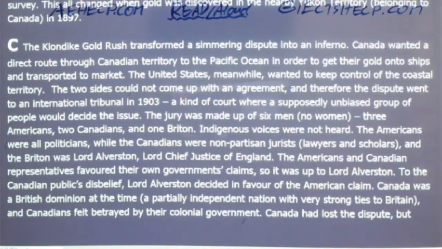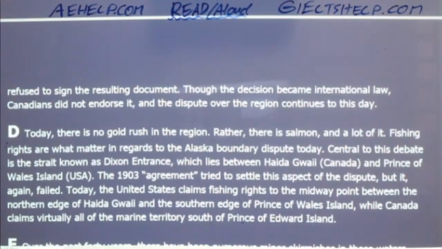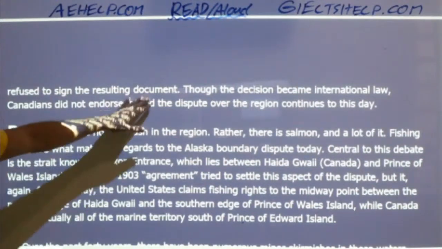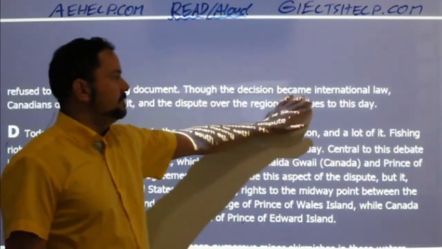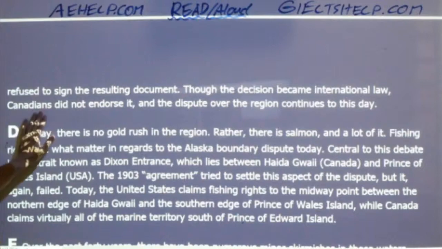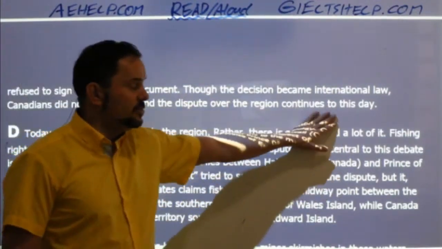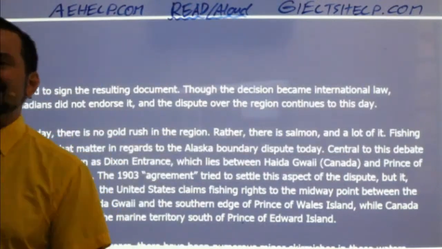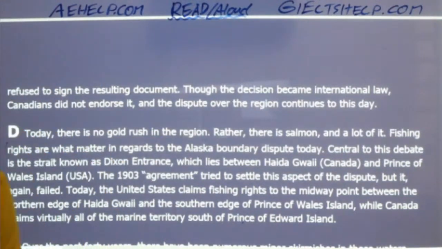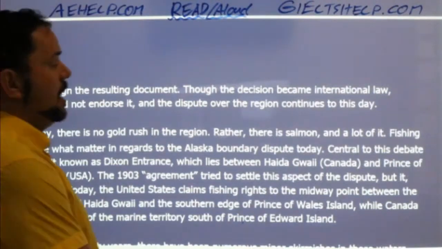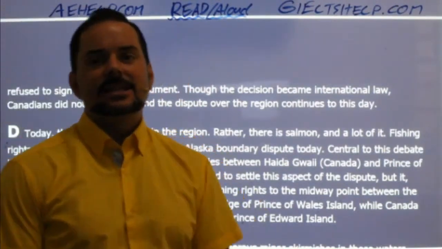Canada had lost the dispute, but refused to sign the resulting document. Though the decision became an international law, Canadians did not endorse it, and the dispute over the region continues to this day. All right. Now, without writing this all down, just verbally, what is this paragraph about?